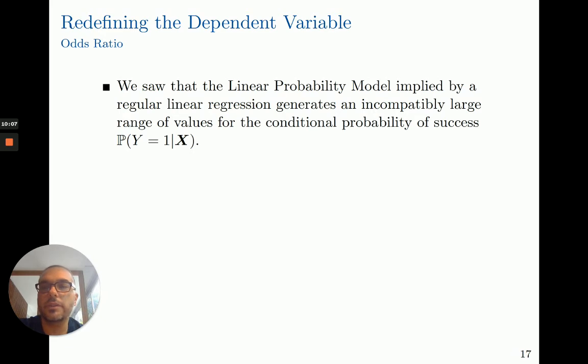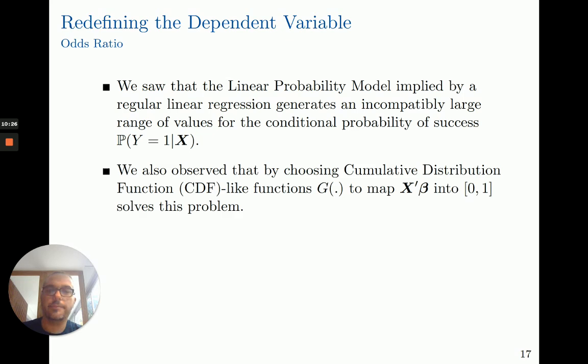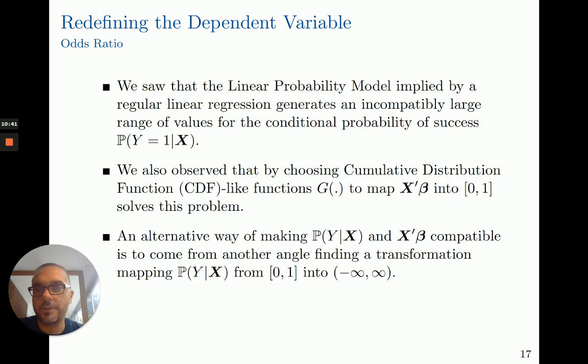So we can also look into the problem through the lens of the so-called odds ratio. We saw that the linear probability model, implied by the usual linear regression, generates an incompatibility between the probabilities and the range of the model. And we saw that by picking a CDF to work as this function g, we can map x beta into 0, 1 and solve the problem.